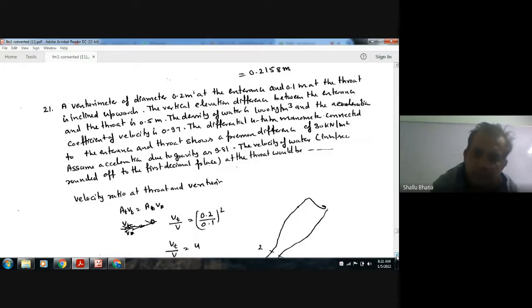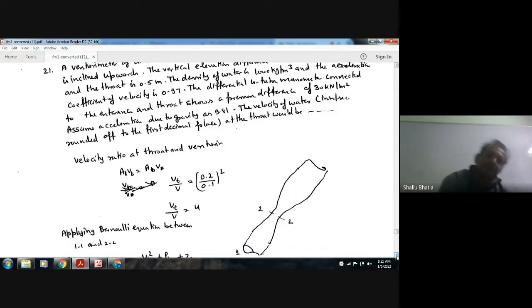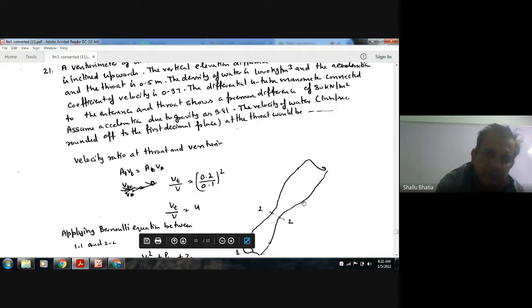The differential U-tube manometer connected to the entrance and the throat shows a pressure difference of 30 kN per meter square. Assume acceleration due to gravity 9.81. The velocity of water in meter per second, rounded up to first decimal place, at the throat would be. So this is a simple venturimeter question. Their venturimeter is inclined.